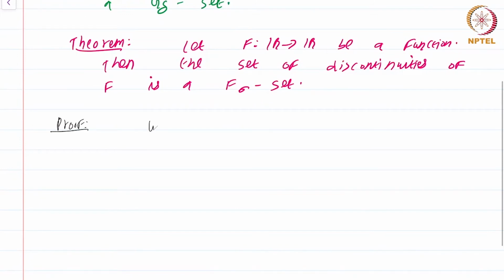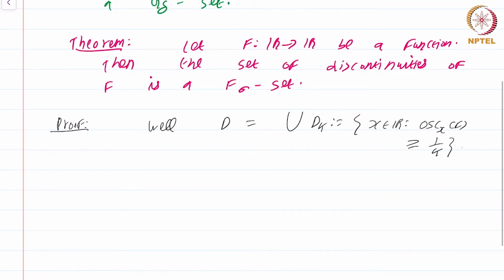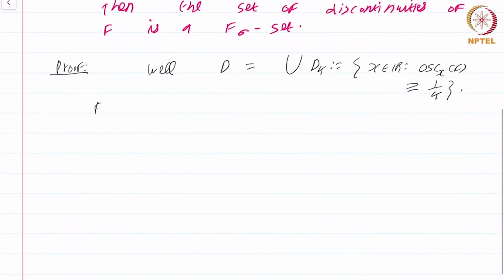Well, D, the set of discontinuities, is just the union of the D_k, where if you recall, D_k is the set of points x in R such that the oscillation at x of the function f is at least 1 by k. Now each D_k is actually closed. Well, why is that the case?